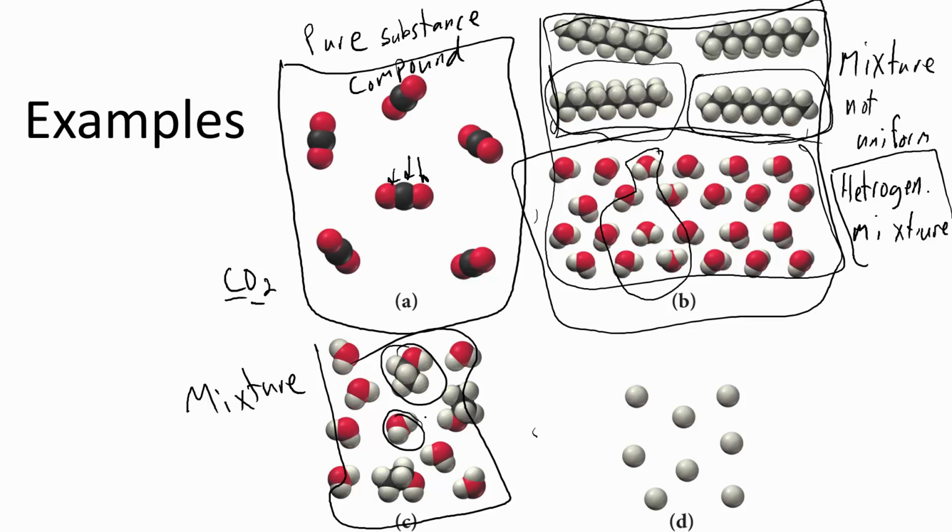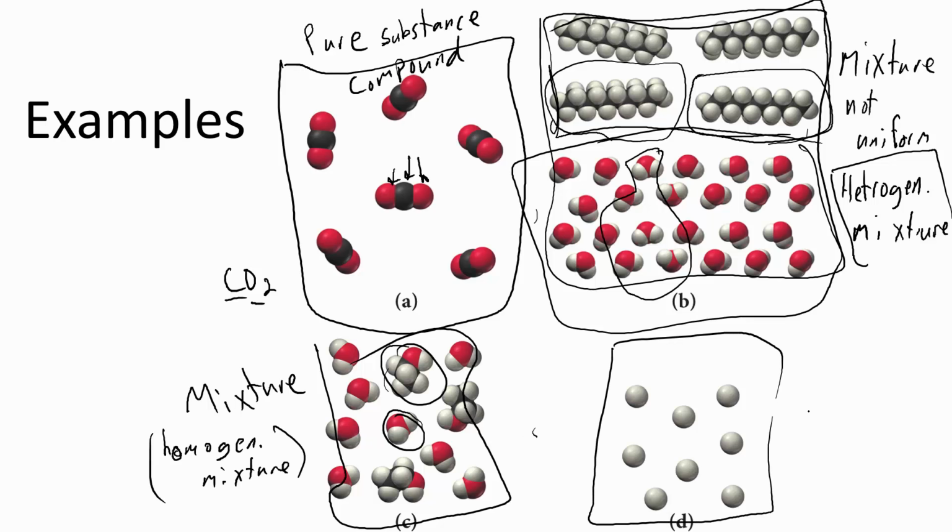And it's not always easy to tell with these diagrams, but it is kind of distributed out. I don't have one very distinct layer like I did with the oil and water up above. So we can kind of guess that what they're talking about is a homogeneous mixture. So this is much more uniform, so we're going to say that this is a homogeneous mixture.